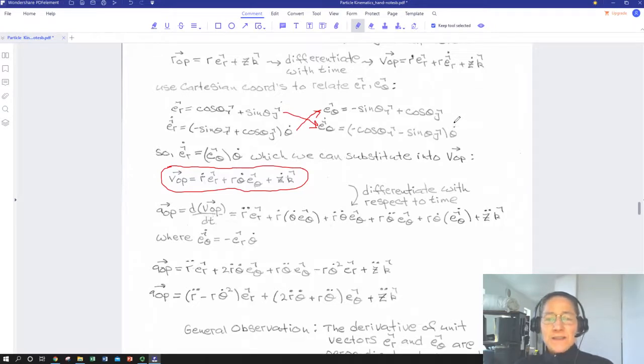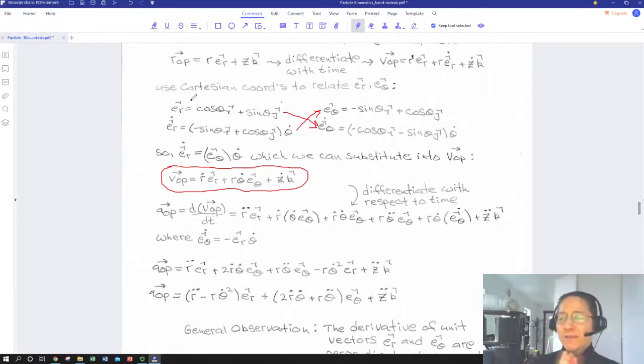So I could basically express my theta hat dot, my time rate of change in the theta unit vector direction, as negative theta dot times my radius vector, unit vector direction.